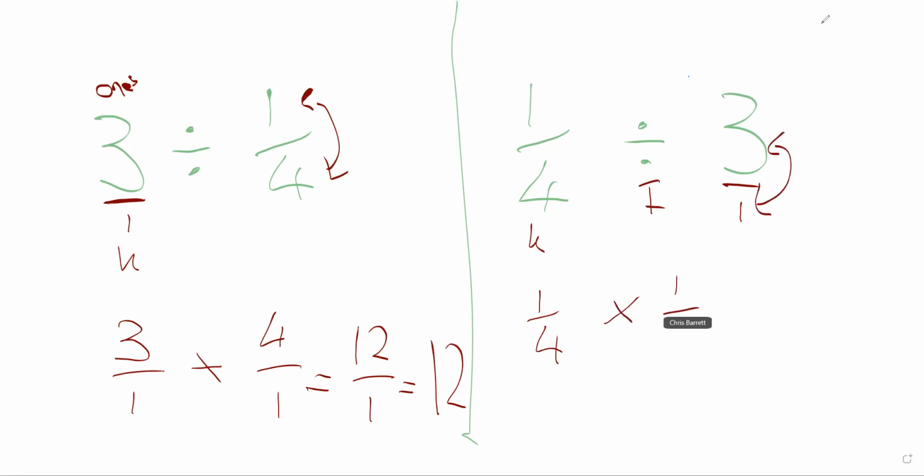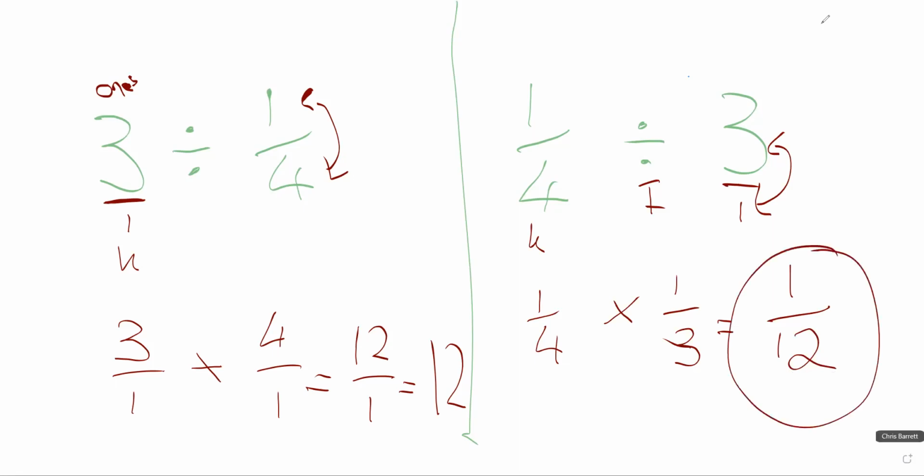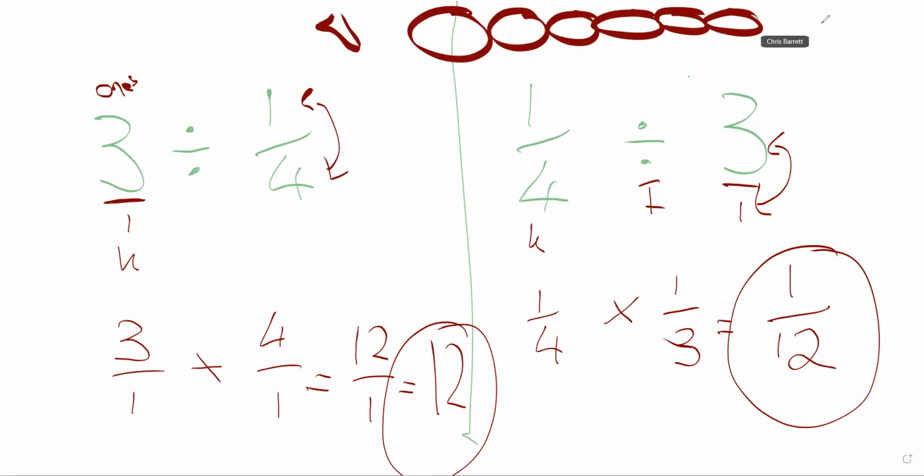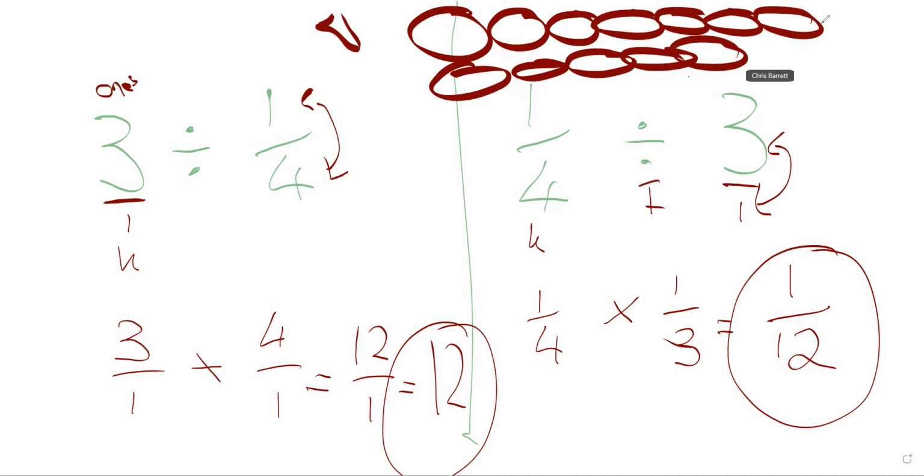So I've got 1/3. 1 multiplied by 1 is 1 over 4 multiplied by 3 is 12. So 2 very different answers. So I've got 1/12 or 12 whole ones. So that could be the difference between a little slice of cake or 1, 2, 3, 4, 5, 6, 7, 8, 9, 10, 11, 12 whole cakes.